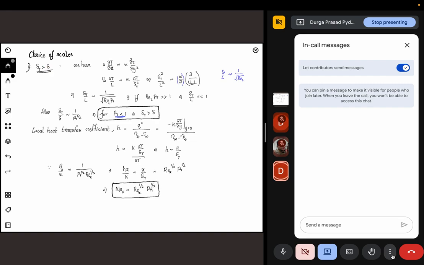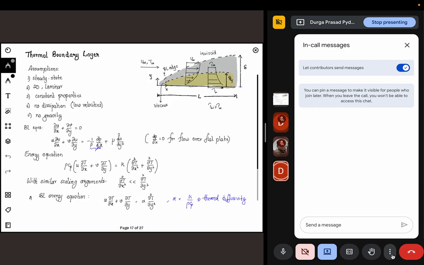And why do we need that? Because we need to choose the appropriate scaling. We are choosing delta T as my scaling. If I choose delta T as my scaling, then I can take the velocity scale as U infinity. If the flow is reversed, if this is delta and this is delta T, then I will not be able to take U infinity directly.